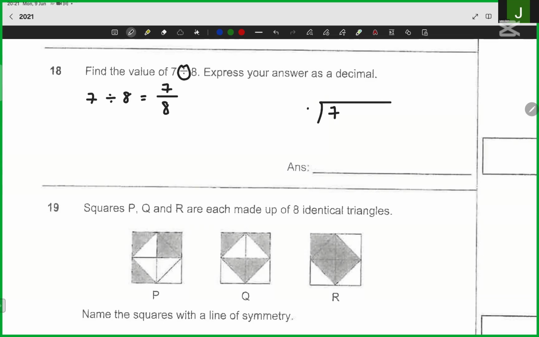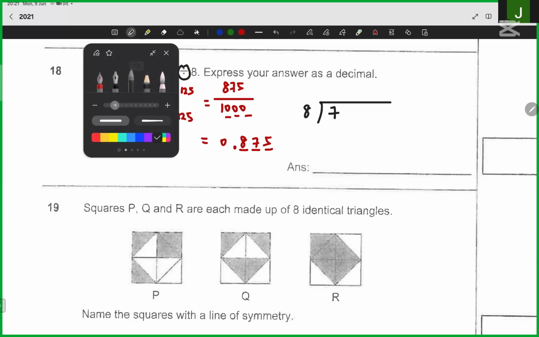If you remember your numbers well enough, you'll know that to convert 8 into 1,000, I need to multiply by 125. That will give me 875 over 1,000. If I write this as a decimal, there will be 3 decimal places, because 1,000 means 3 decimal places. Then we just have 3 numbers, 875. So 0.875.